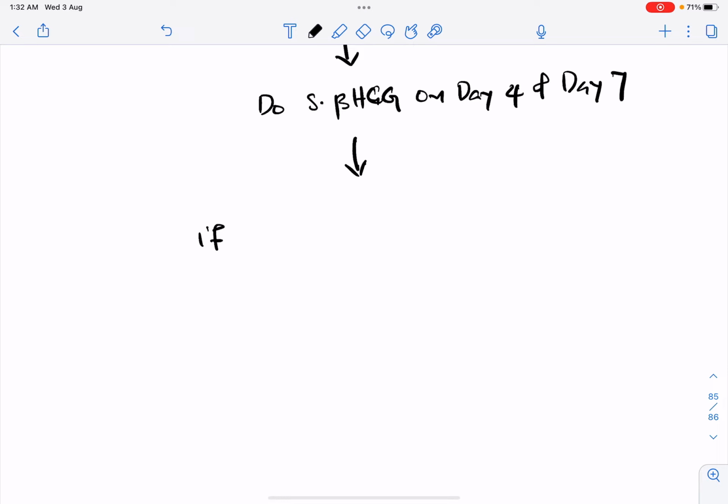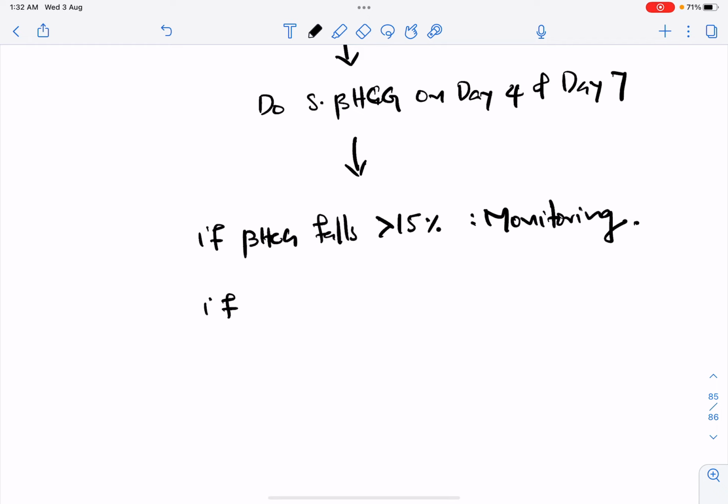If beta hcg falls more than 15% of the initial value, then monitoring of the beta hcg value is enough.